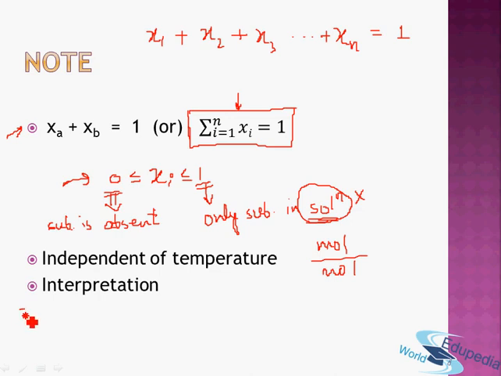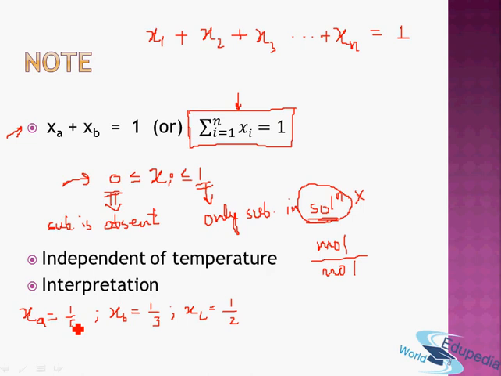In the previous slide, XA came out to be 1 by 6, XB came out to be 1 by 3, and XC came out to be 1 by 2. So how do I interpret this data? Let's say I have 1 by 6, 1 by 3 and 1 by 2 moles of A, B and C.